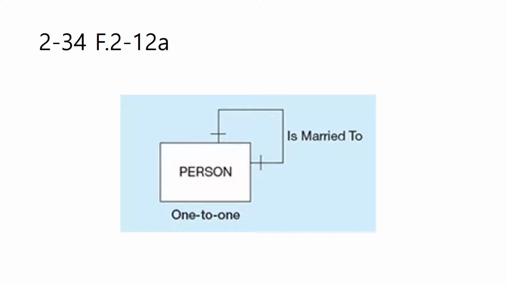So, in usually lots of ordinary countries, there is a monogamy system, not polygamy. So only one person can be married to only one person.